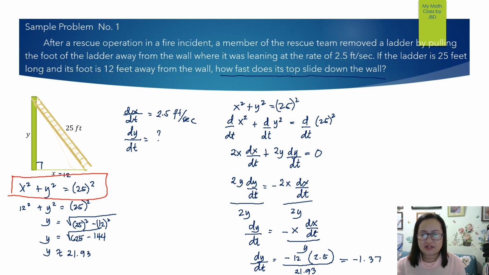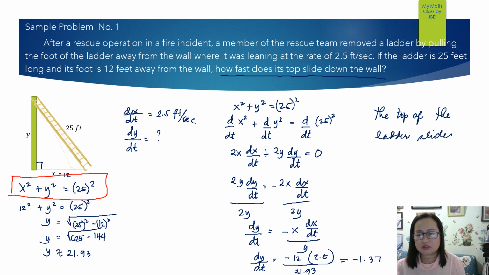We can say that the top of the ladder slides down the wall at the rate of 1.37 feet per second.